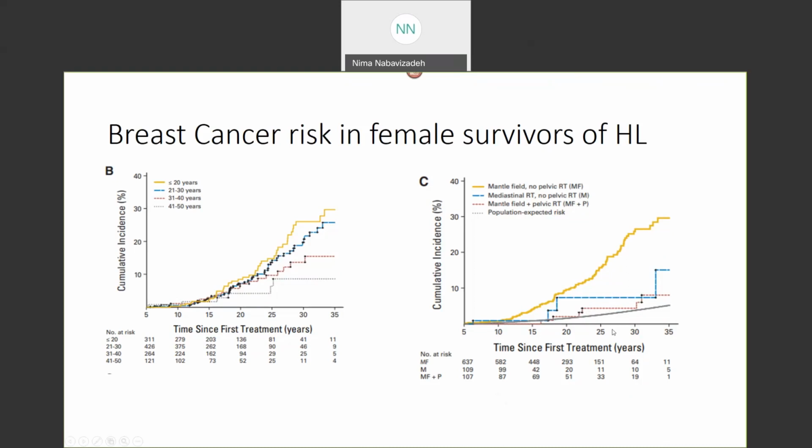And without estrogen, the driver for breast cancer was absent. So their cumulative incidence of breast cancer was less than the patients who received mediastinal radiation but no pelvic radiation. So obviously, larger radiation volumes increase women's risk for breast cancer.